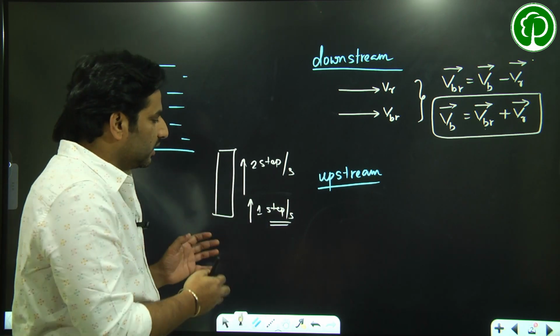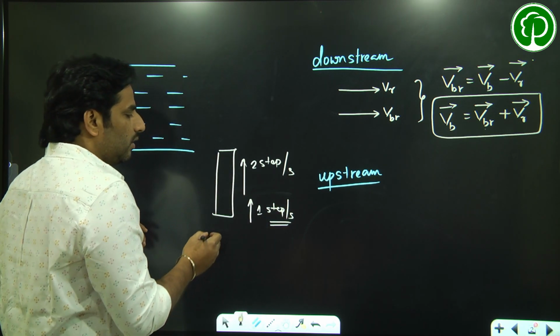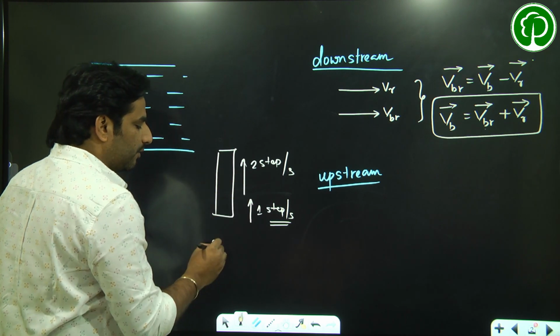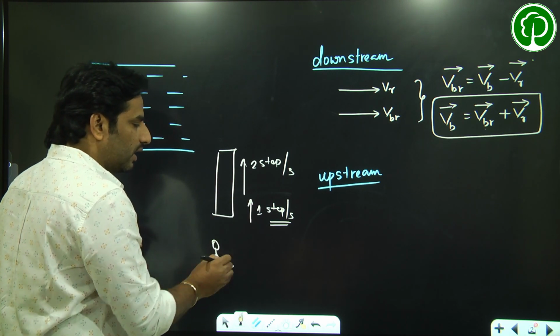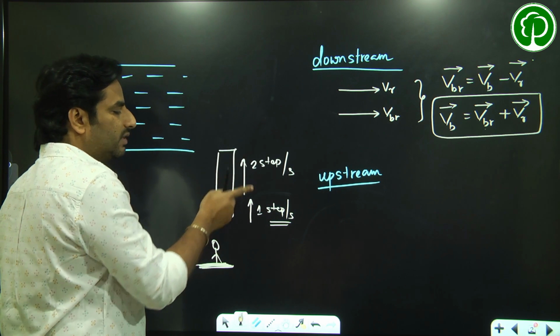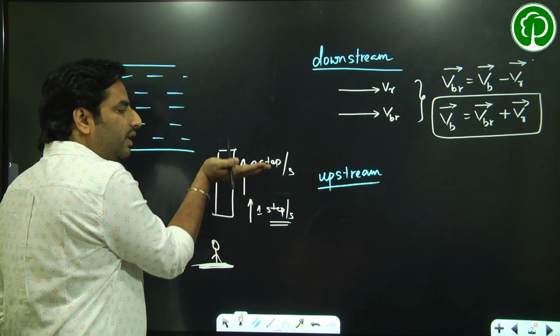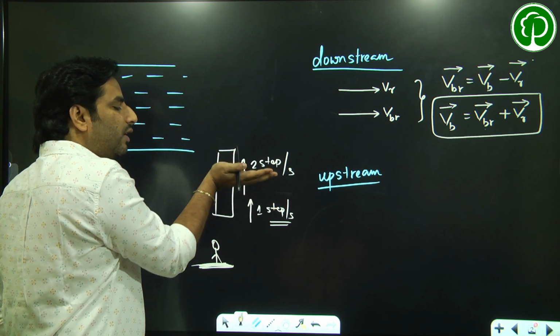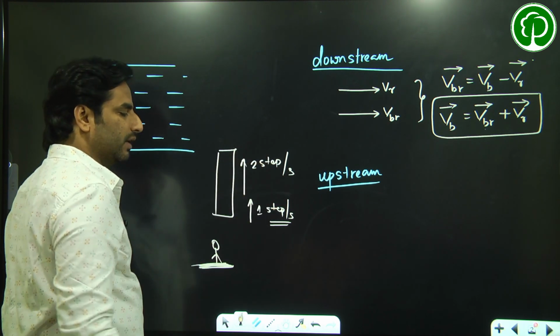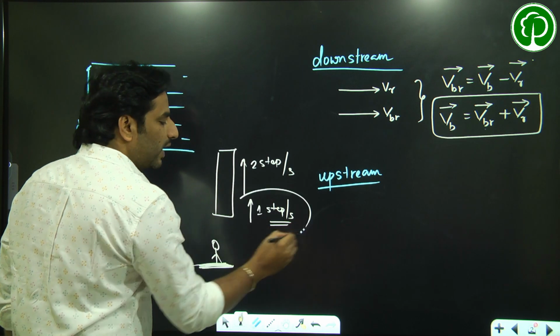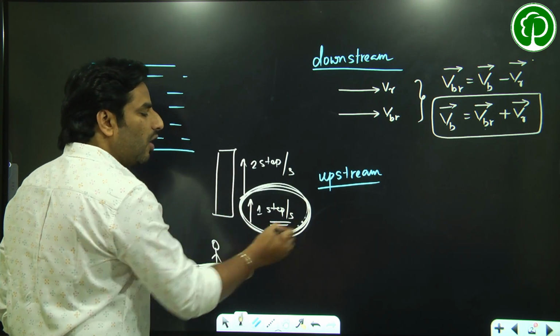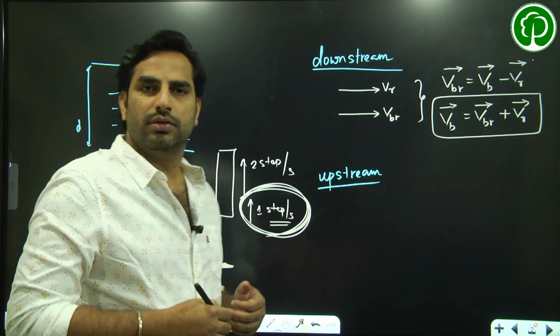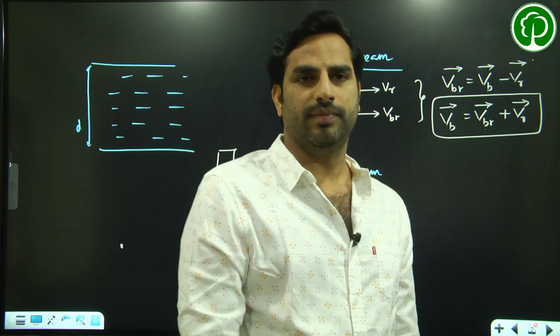So what is the speed of you as observed by some person who is standing on the ground? It will be 1 plus 2, isn't it? Because escalator is already taking you 2 steps in 1 second, and you are going at the rate of 1 step per second with respect to the escalator. This 1 step per second is your capacity to climb up the steps on an escalator.